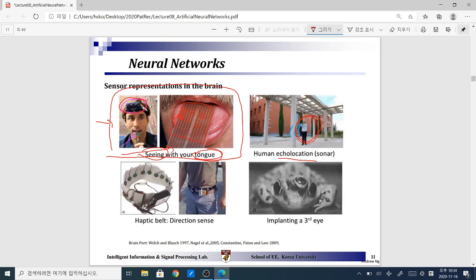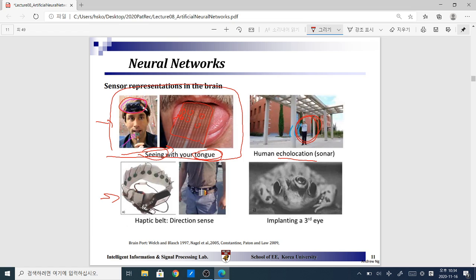In other words, this person can navigate through these obstacles by constantly creating these finger snapping sounds and hearing the direction of the echoes, which essentially means he can see things by using his auditory cortex.